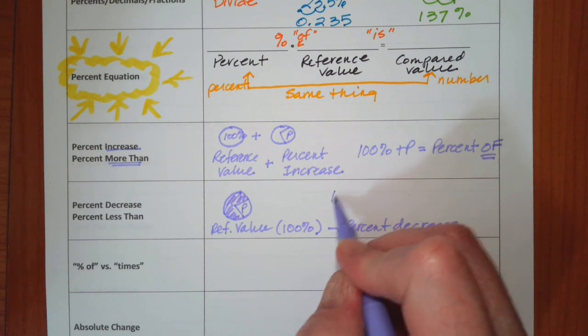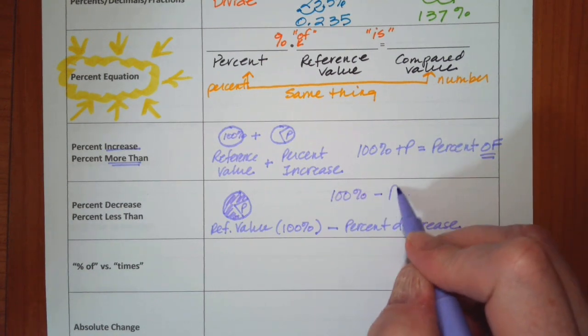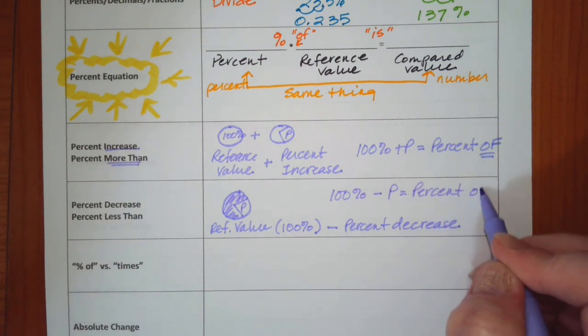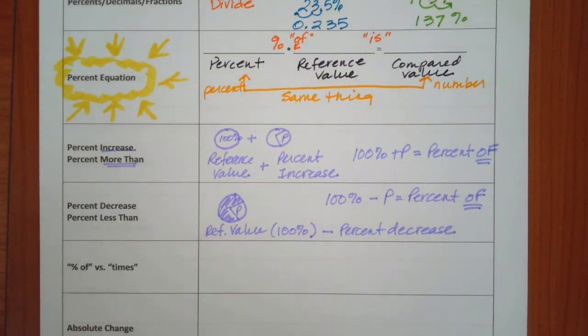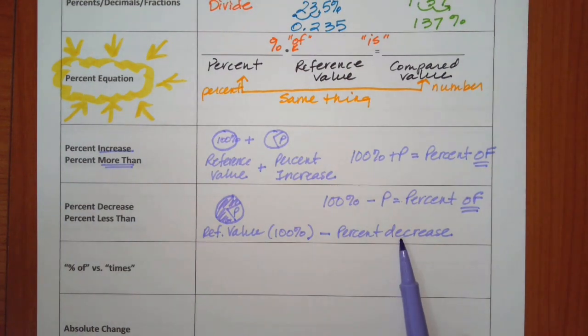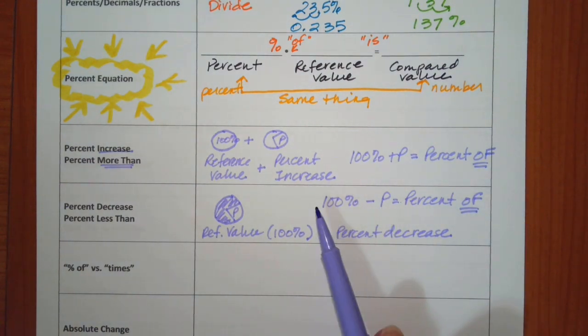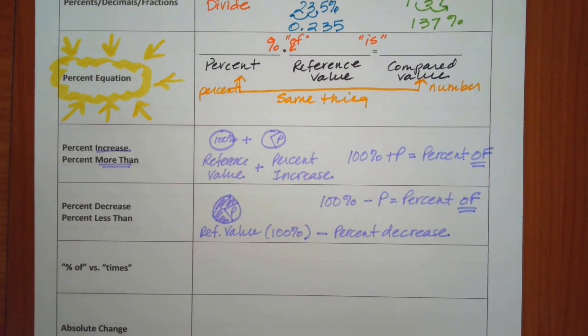So equating it here, if I have 100% minus the percent decrease, that is my percent of. Now, an example of this would be if you were talking about a discount. The percent decrease would be the amount of the discount. 100% minus that percent is going to be your percent of.